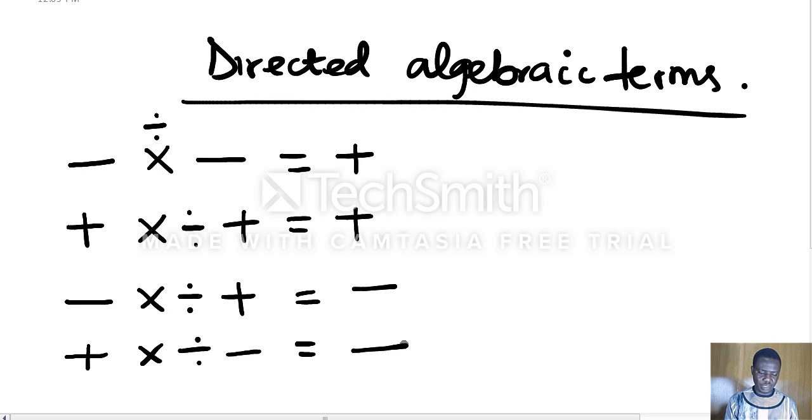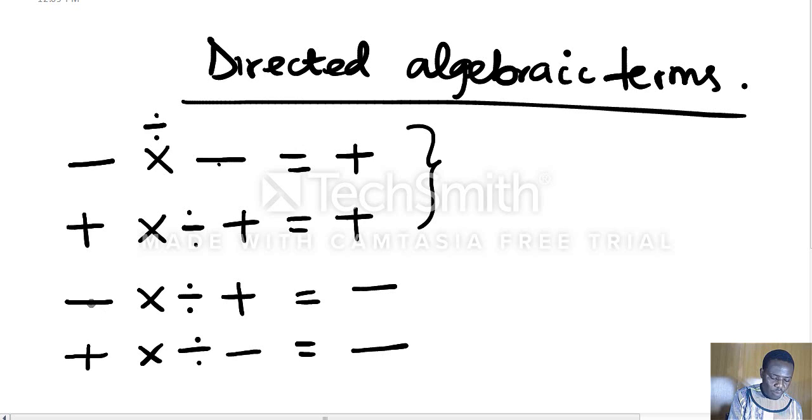Now the trick there is, if you look at the first two that return positive, you will discover that the two signs you are multiplying are of the same type. So when you multiply or divide two signs that are the same, it is going to return a positive.